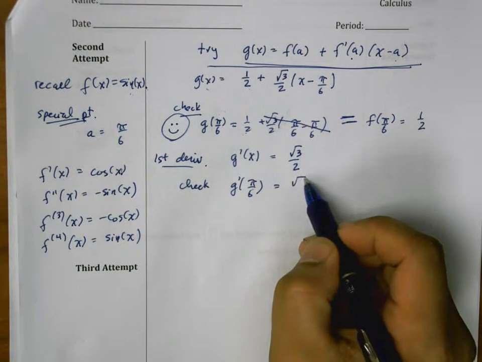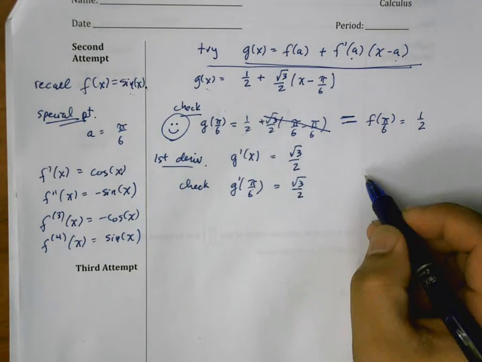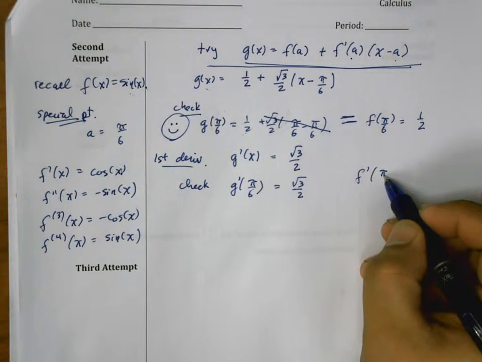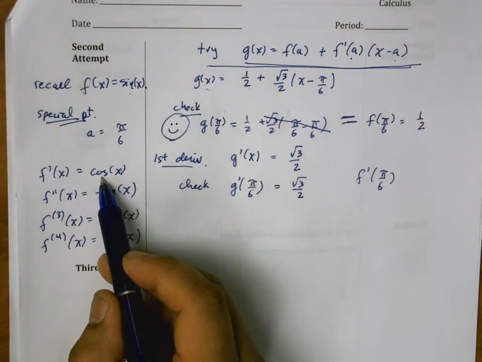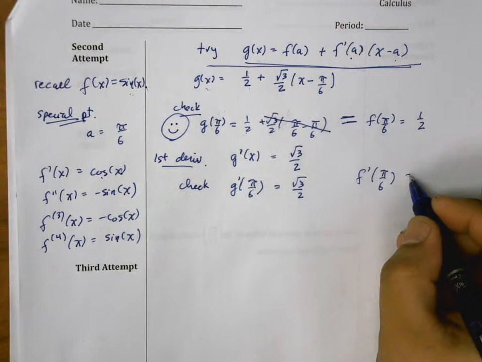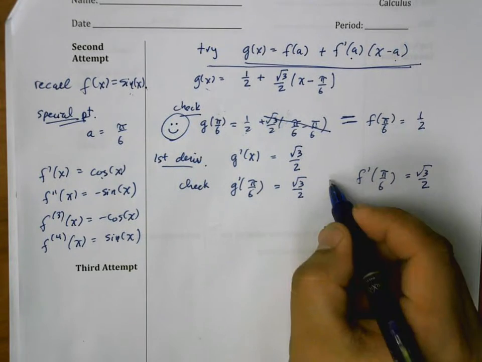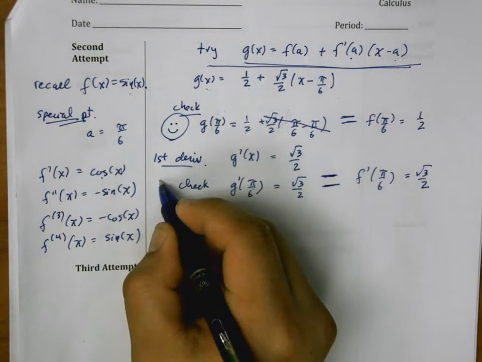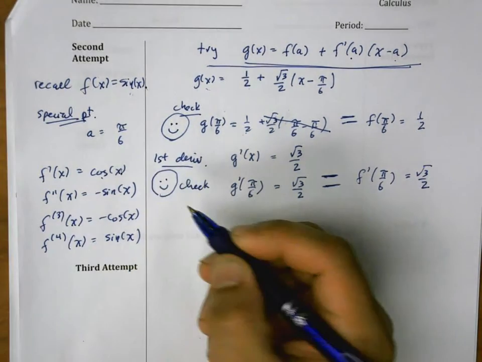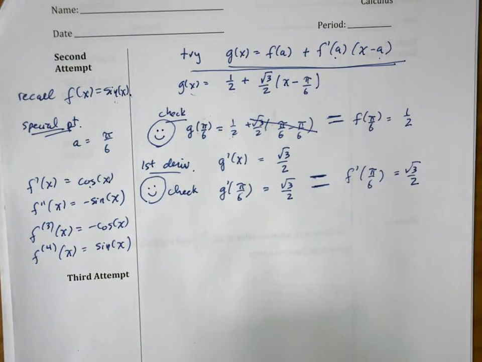Well, this is a constant, so it's still root 3 over 2. F prime of pi over 6 is cosine of pi over 6, which is equal to root 3 over 2. So these are in fact equal, and we are happy again. Let's keep going.